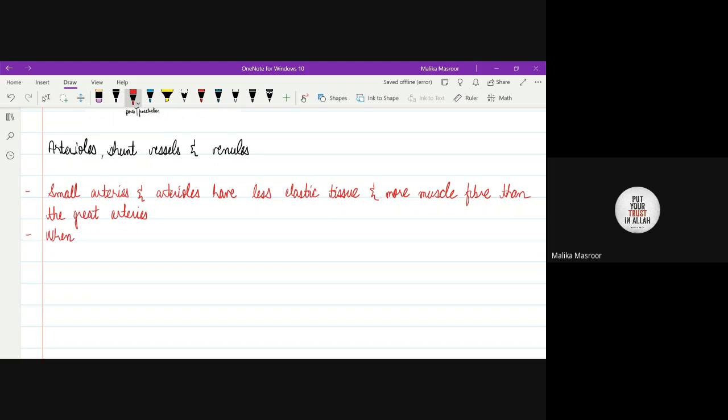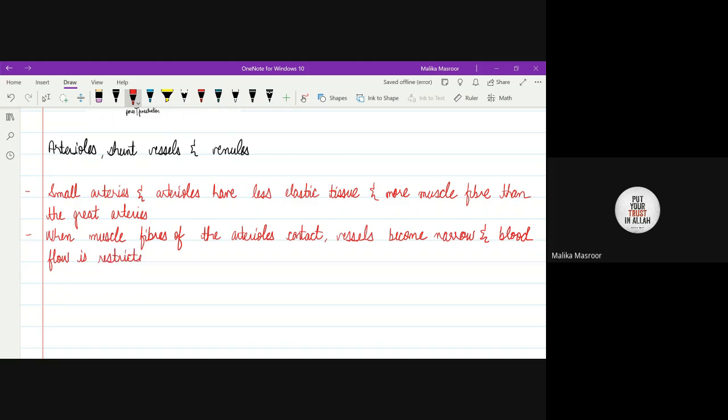So when muscle fibers of the arterioles contract, the vessels become narrow and blood flow is restricted. This is called vasoconstriction.